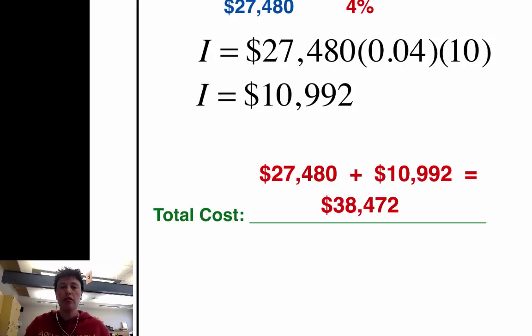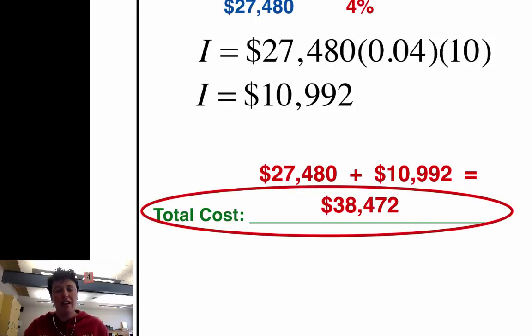So total grand price of the car is really $38,472. People kind of get tricked when they go to buy their car and they see that price tag. They think that's the price I'm paying. But when you take out a loan, that's not truly the price you're paying. You have to add on the extra interest. So yeah, the bank's going to let you borrow a bunch of money and you're going to get your car, and that's great. But over the next 10 years, you're going to write the bank back checks.